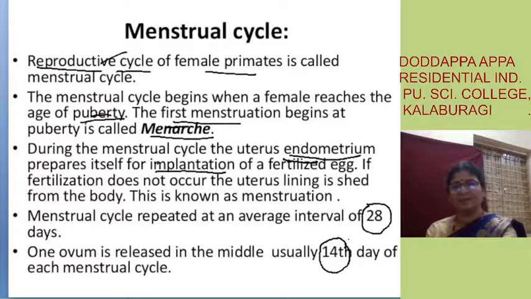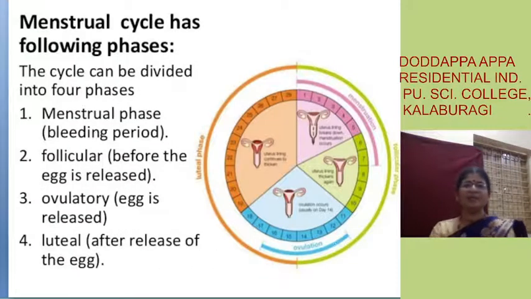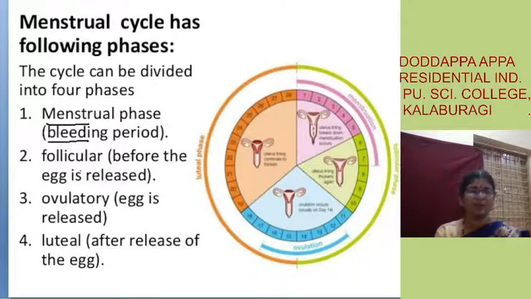Now the menstrual cycle is shown diagrammatically here. It includes mainly 4 phases. The first is the menstrual phase. What is the feature of the menstrual phase? Here the endometrium will fall and come out through the vagina, which is the bleeding period. And the follicular phase, here the follicles will be growing.